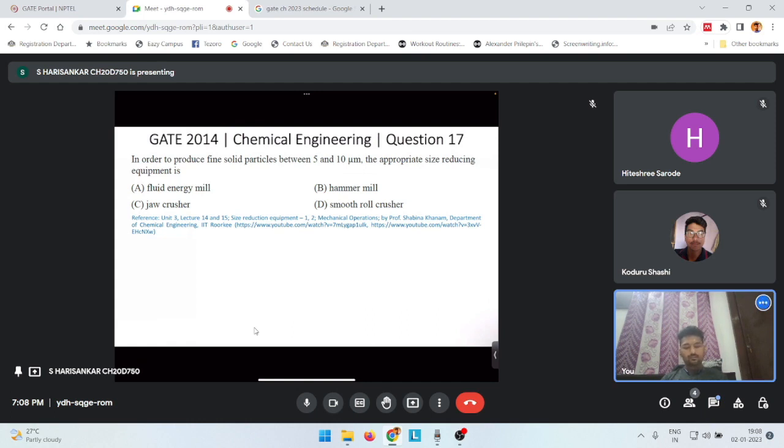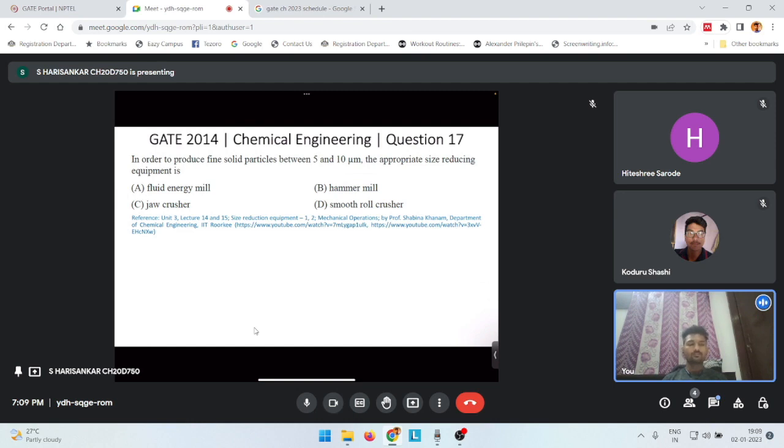This is a question from GATE 2014 from Chemical Engineering, question number 17. In order to produce fine solid particles between 5 and 10 micrometers, the approximate size reducing equipment is, and the options given are A. Fluid energy mill, B. Hammer mill, C. Jaw crusher, and D. Smooth roll crusher.